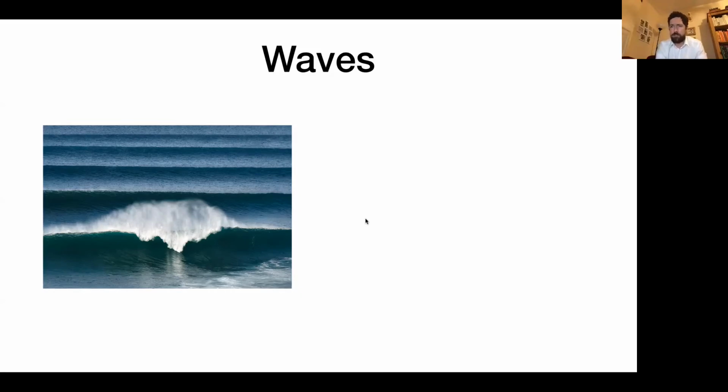So a wave is traveling through the water, transmitting energy, but the water itself isn't moving. That's the other interesting thing about waves. The water is bobbing up and down, but once a wave has passed through, the water goes back to where it was originally. And this has got to be the case.